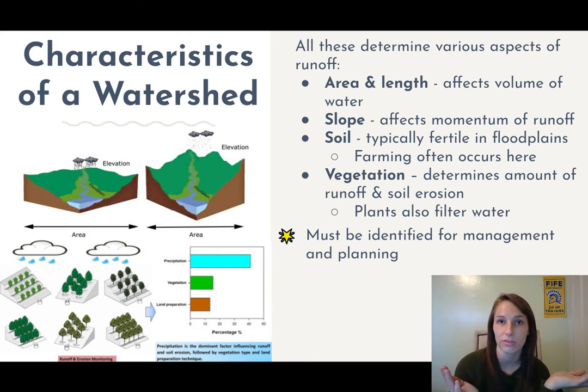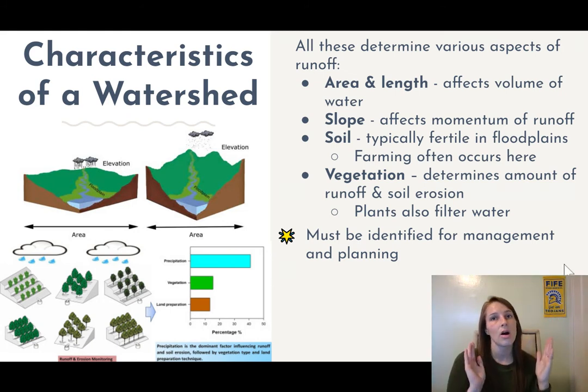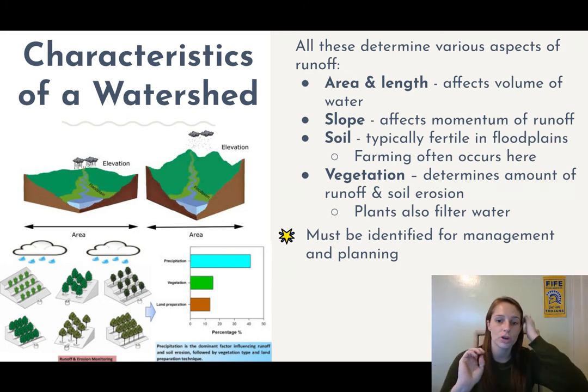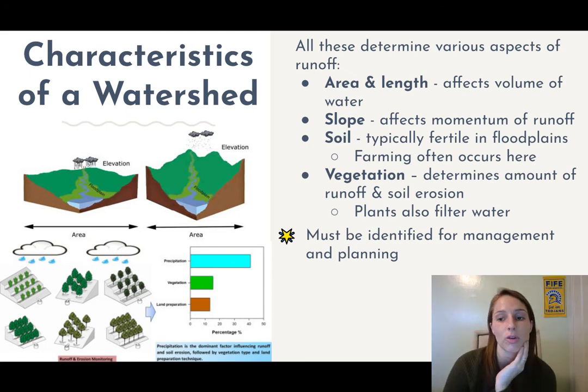You need to know if it's a floodplain and it's very common for this area to get flooded, or if the trees that you're potentially chopping down are going to have a large impact on the quality of the watershed. So all of these things are important for those who are trying to manage and plan around watersheds.